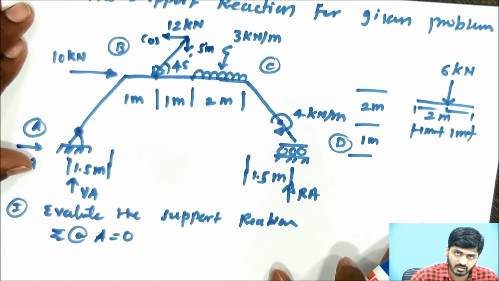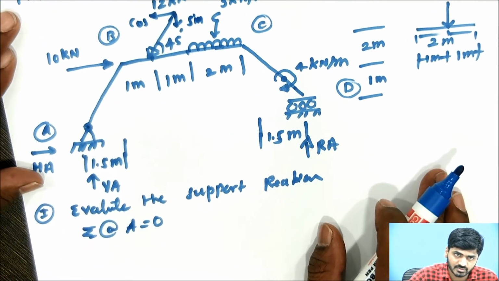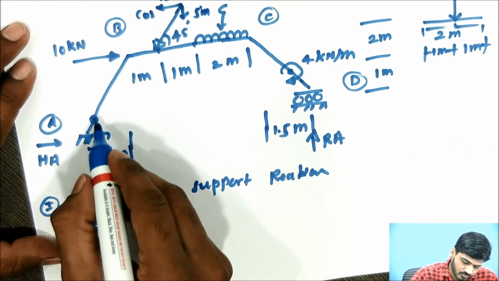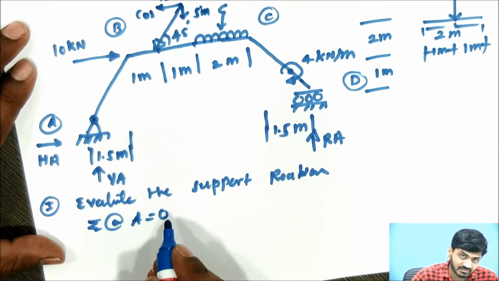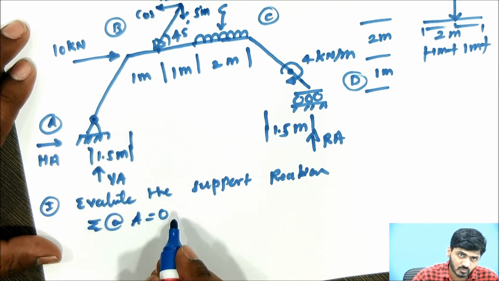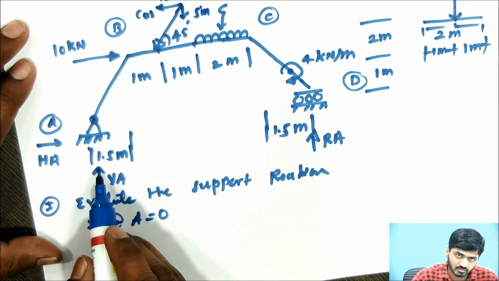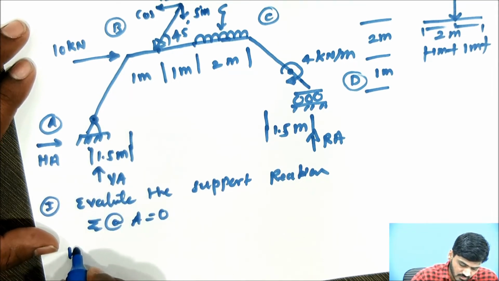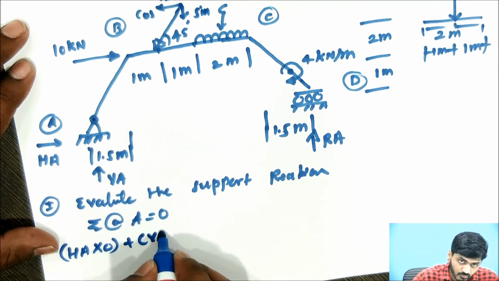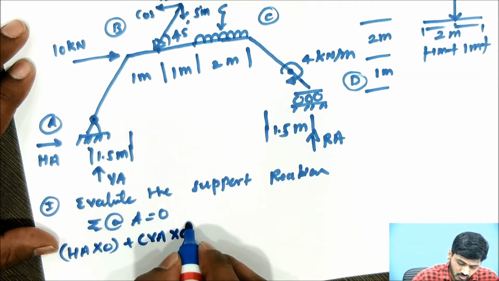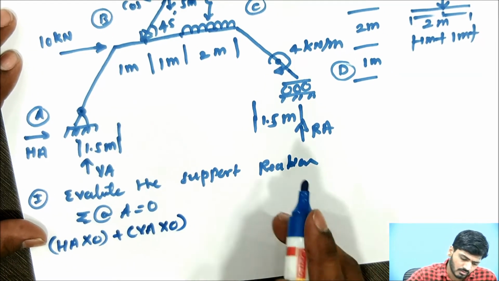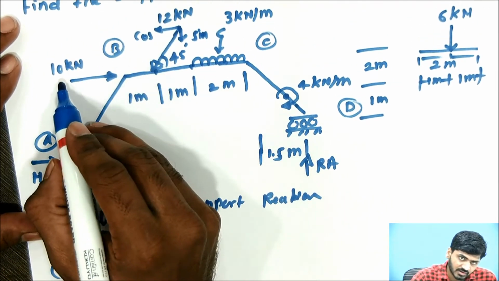We begin with the further step. At A, if I consider the moment center, then HA and VA, both terms are 0: HA into 0 plus VA into 0. Next, I am considering the 10 kilonewton force.